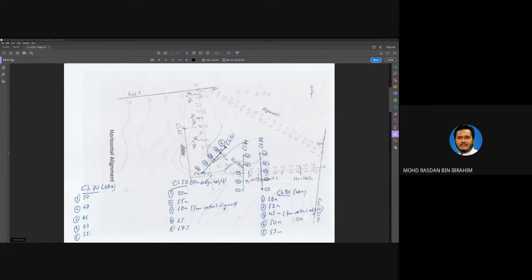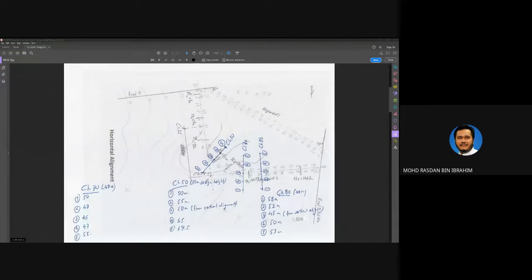However, the one that you submit must include superelevation calculation. Okay, so the other one becomes the alternative. But in the conclusion, you may say that you have submitted alternative 1.